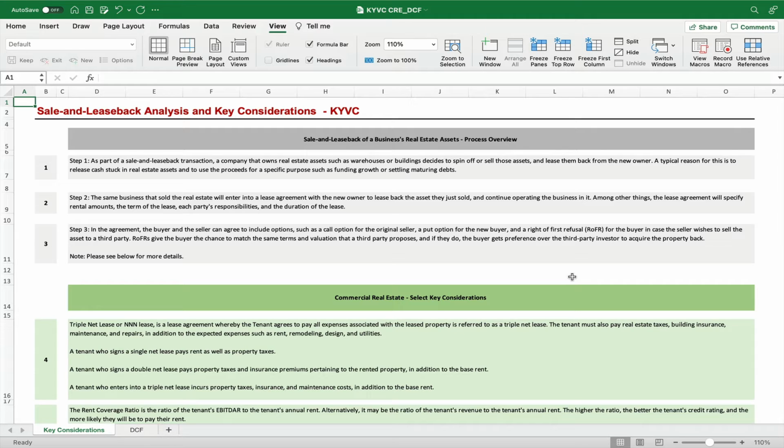One example of such pricing is, say, whatever the rent is in year 5, per the lease agreement, we will just apply a cap rate on that rent. So let's say rent in year 5 is $10 million, hypothetically.